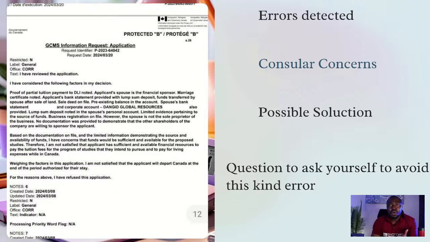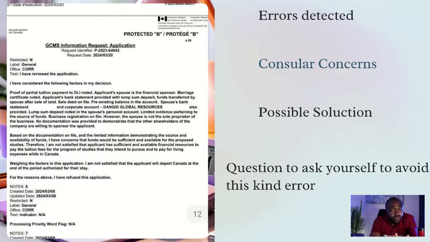That is, okay, based on these documents you have provided, this is the situation that this document says about your financial situation. This is the information that this document is telling us about you. Based on that, I am satisfied and I will issue you the visa, or I am not satisfied and the visa will not be issued.